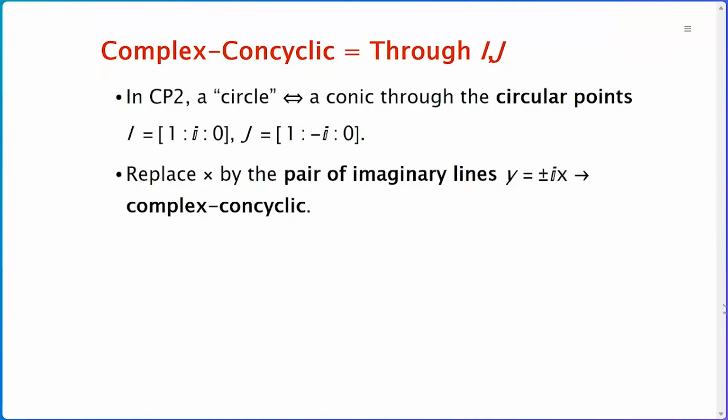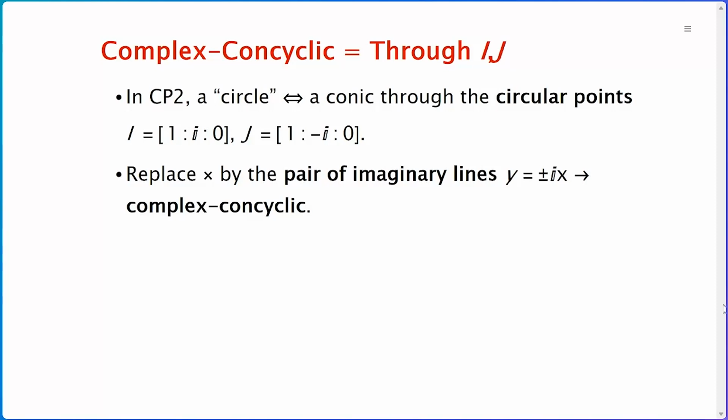In CP2, we define a circle as a conic that passes through the circular points at infinity, often denoted as capital I and capital J. I is 1, i, 0 in homogeneous coordinates, and J is 1, minus i, 0, also in homogeneous coordinates.